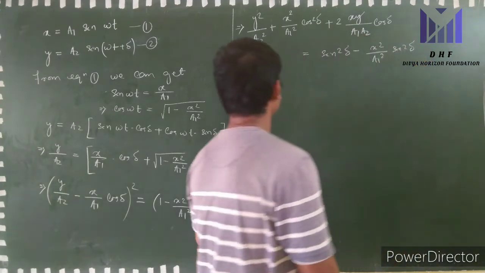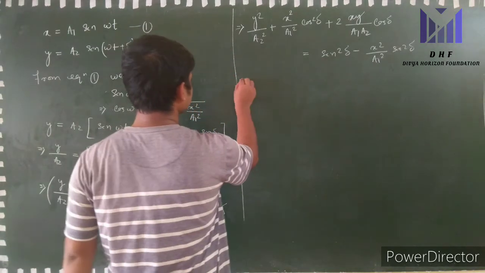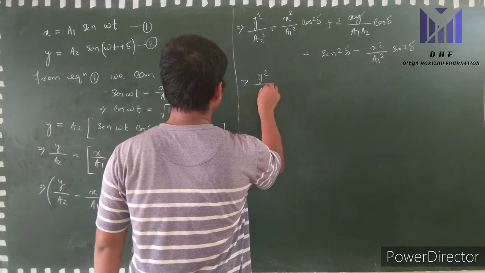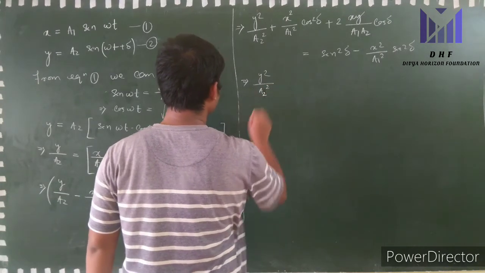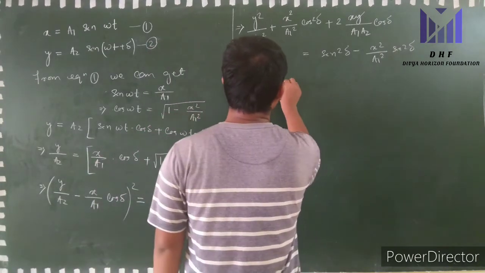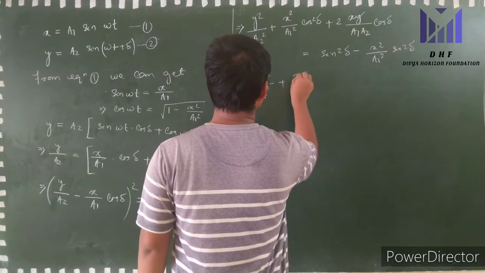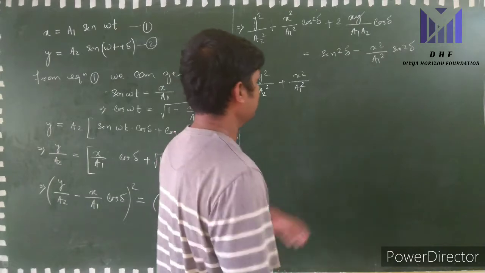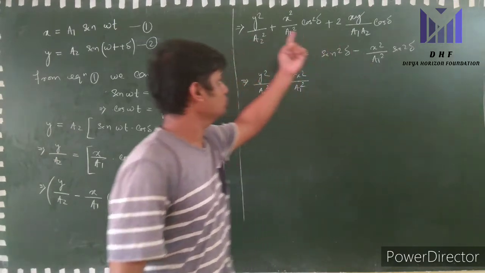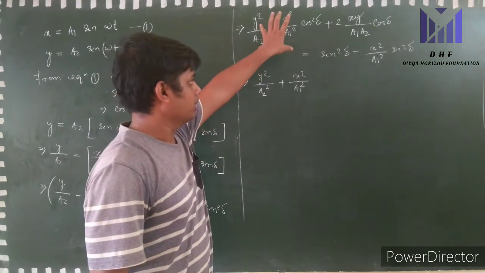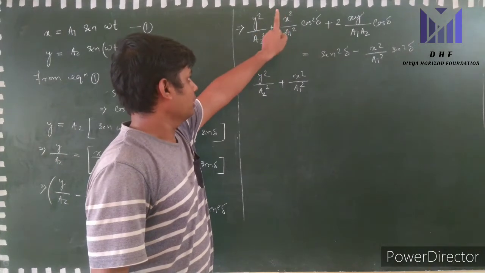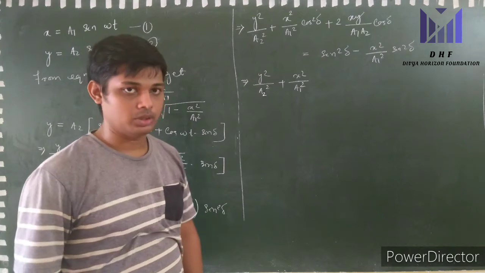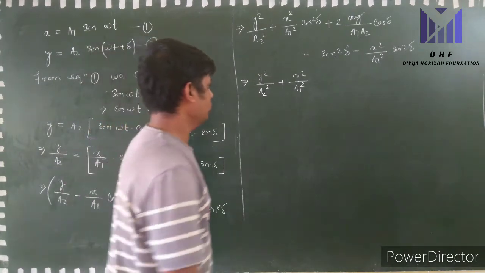By simplifying this, we will get y square by a2 square plus x square by a1 square. If we take this term to the left side and take common the term x square by a1 square, in the bracket there will be cos square delta plus sin square delta, and the value of this will be 1.